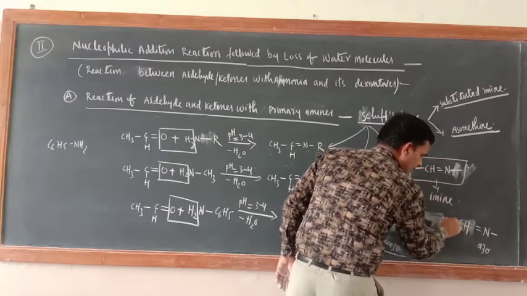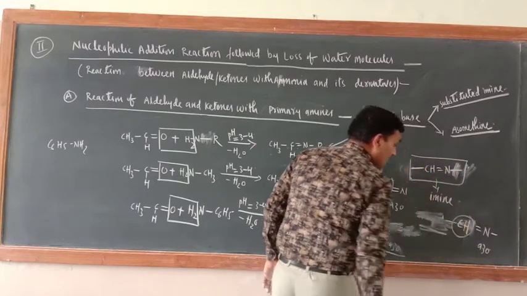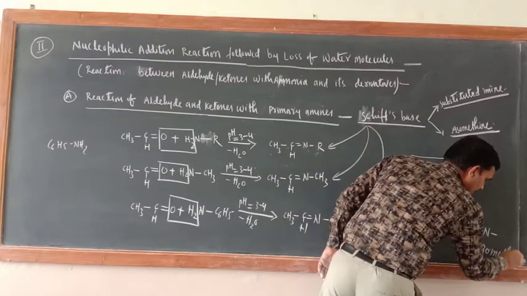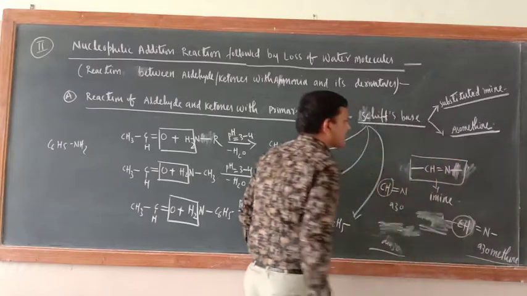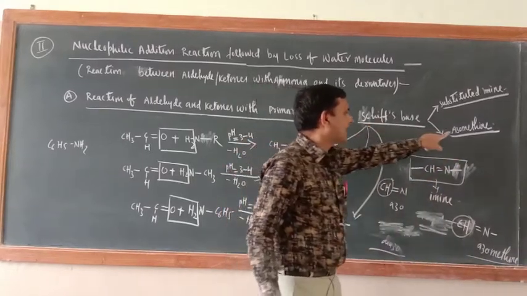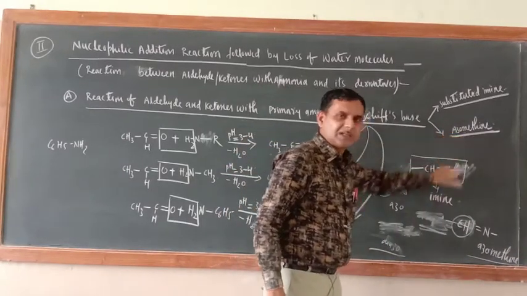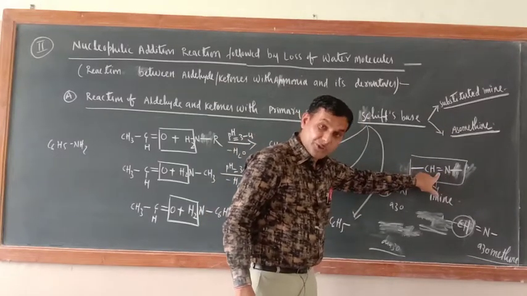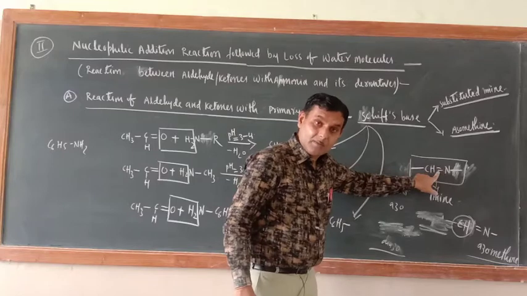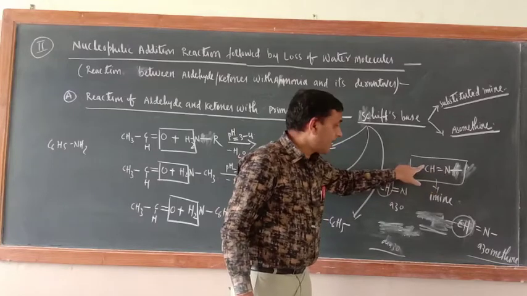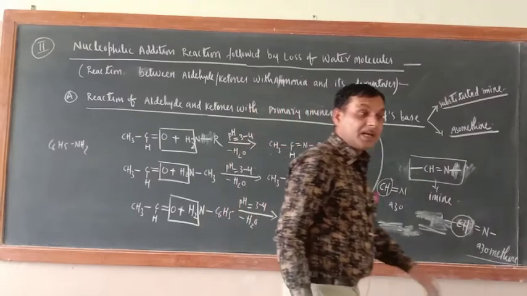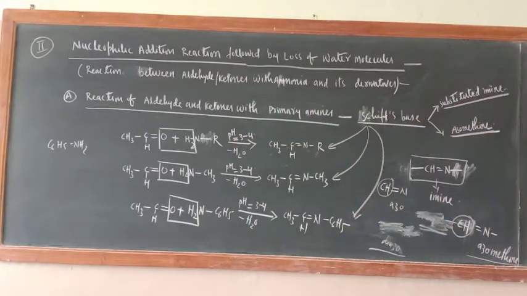And the CH group is methine, so azomethine. So we can say Schiff bases are nothing but azomethines, also substituted imines. Azo for N and double bond, methine for CH.